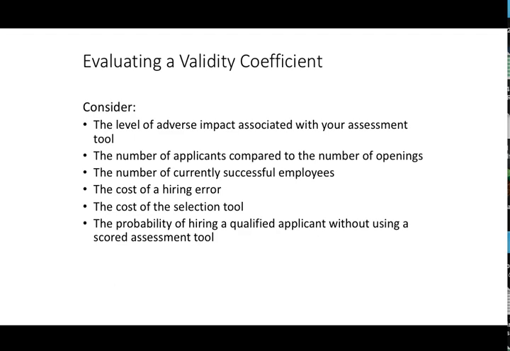If that's the minimum criteria needed to do a job, you've got to be able to do it. When it comes to cognitive abilities and personality tests and things like that, that's a little bit more difficult to prove, that the adverse impact on that is meaningful for the job. So we have to be very careful about the tools that we're using and which ones will have that adverse impact.